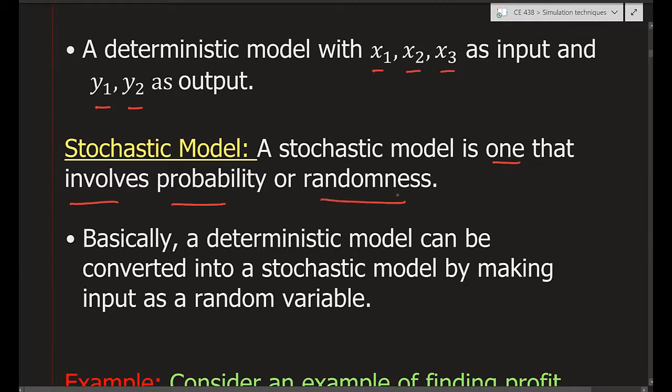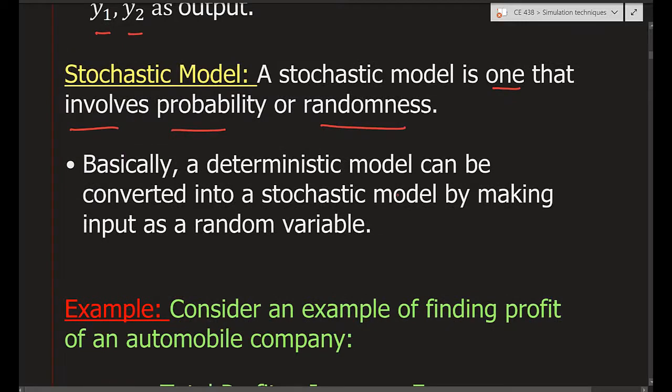My input is a random variable and the output is also a random variable. Basically, a deterministic model can be converted into a stochastic model by making the input a random variable. Once you do, your output also becomes a random variable.